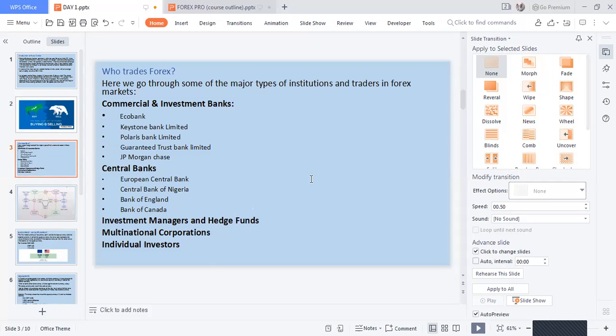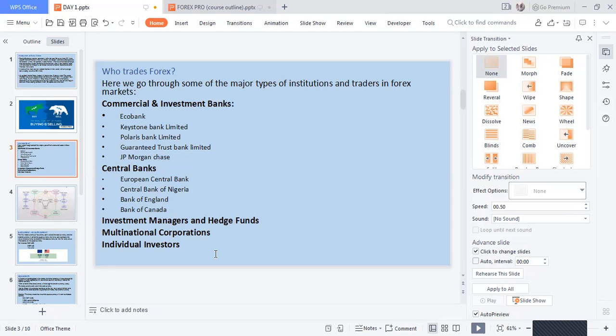All these bodies, they do what? They trade Forex. The subordinate banks are EcoBank, Keystone Bank, Polaris Bank, Guaranty Trust Bank, and JP Morgan. Another body that you see in this is investment managers and hedge funds, multinational corporations and individual investors. Who are the individual investors? The individual investors are you and I.